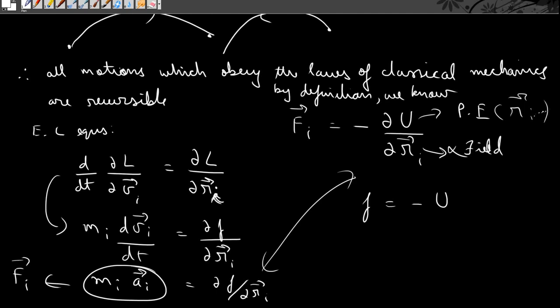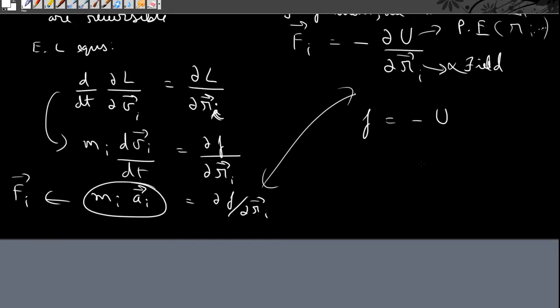Okay, and from this we can say that the Lagrangian is defined as the summation of half mi vi squared minus u of r1, r2, and so on.